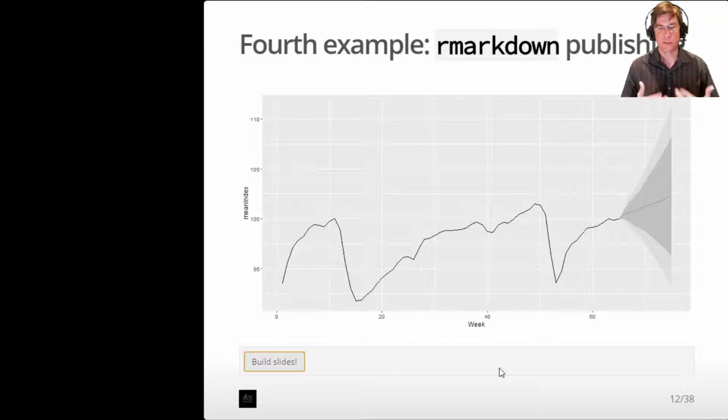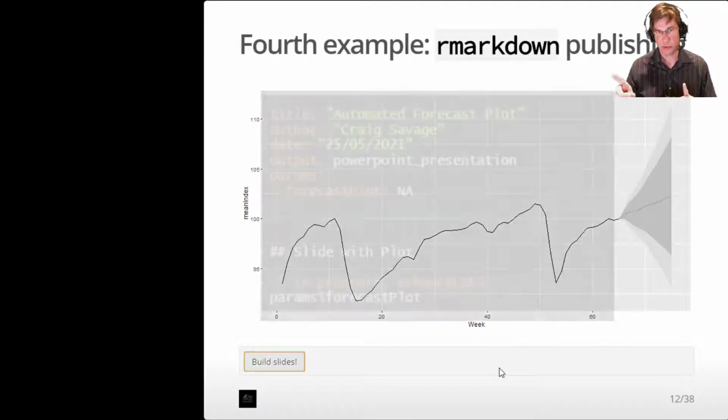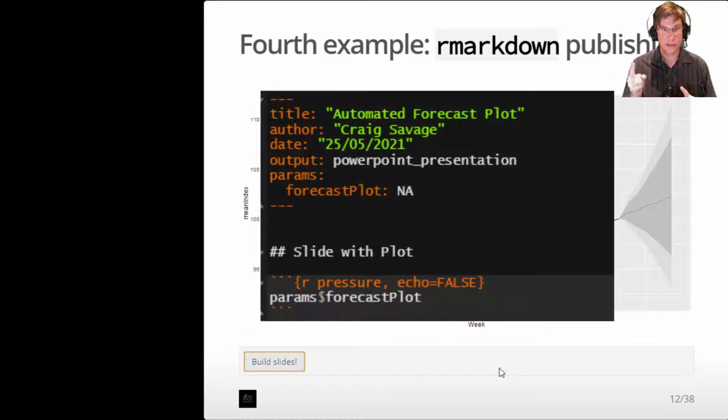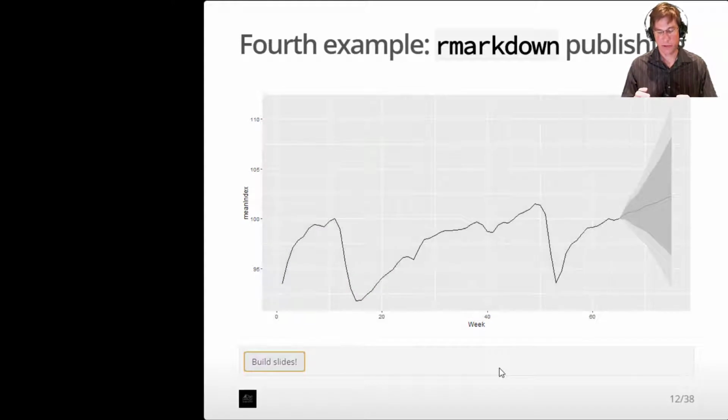And so I can use this build slides function to take this graph and send it to a template, which in this case is 2 slides, a title slide and a placeholder for a graph, and I'll insert this graph. So I can use rmarkdown as a function in a way that I can have a template document and populate that template with information that I pass in as if my documents were a function.